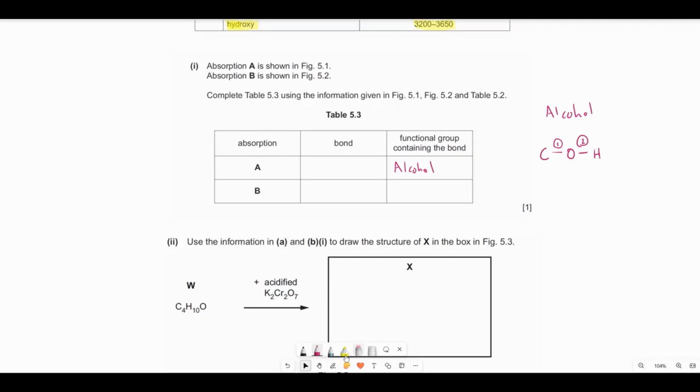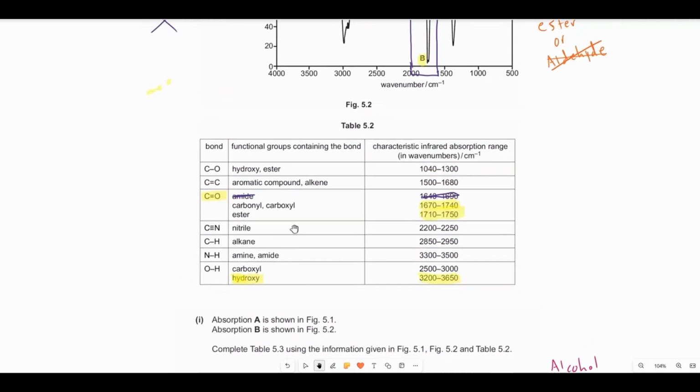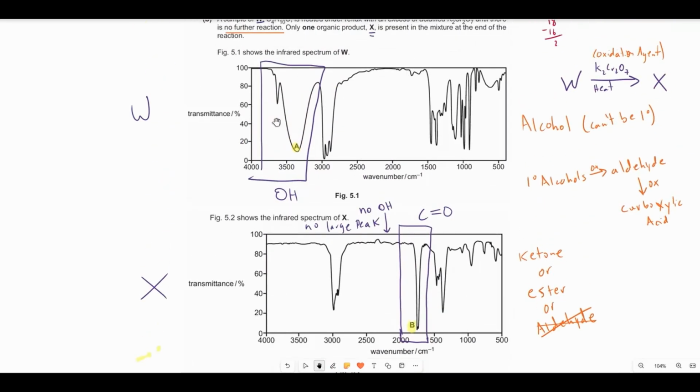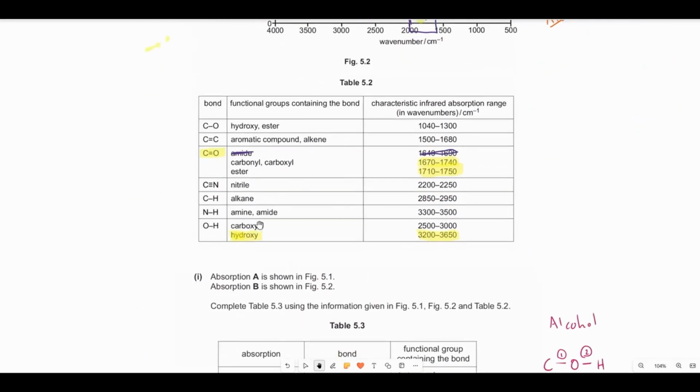How do we choose? If we go up to our chart, this peak, the A, which we're talking about, is around 3,300. The 3,300 peak for hydroxy or alcohol is the OH. There is this CO bond for hydroxy, which again is alcohol hydroxy, but that's at 1040 to 1300.